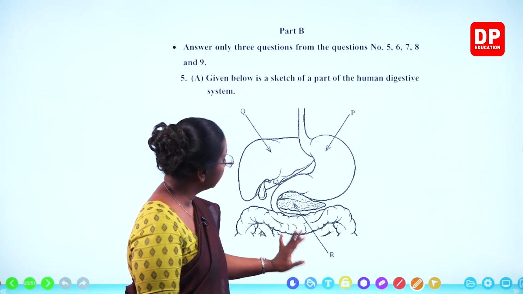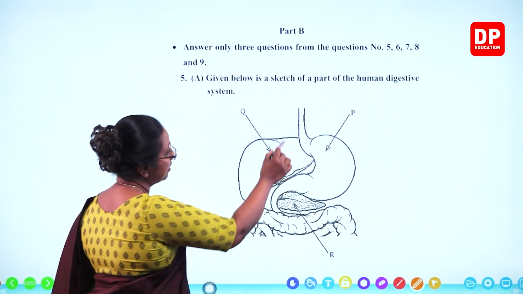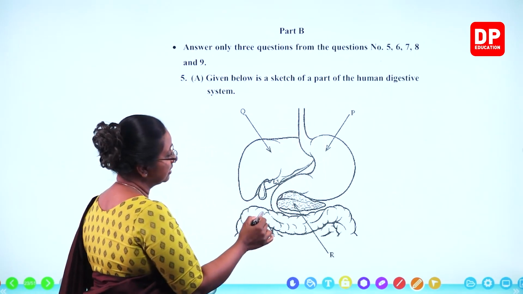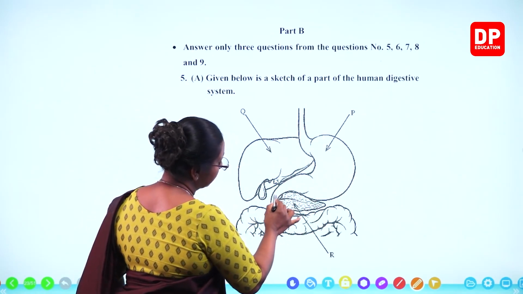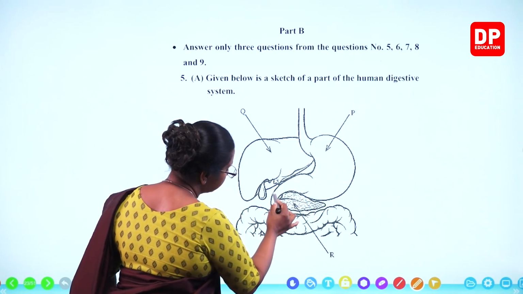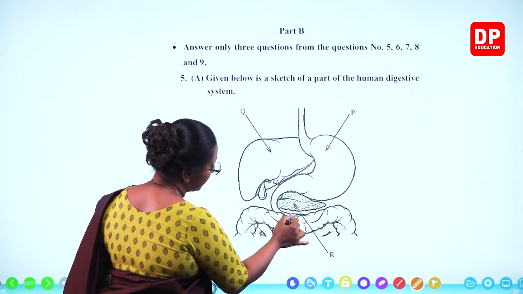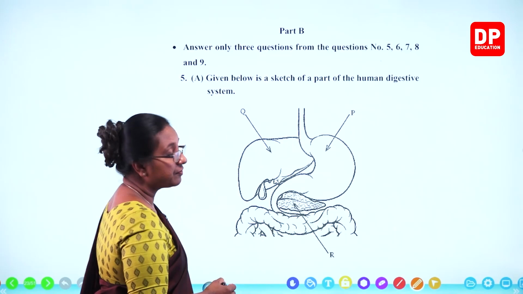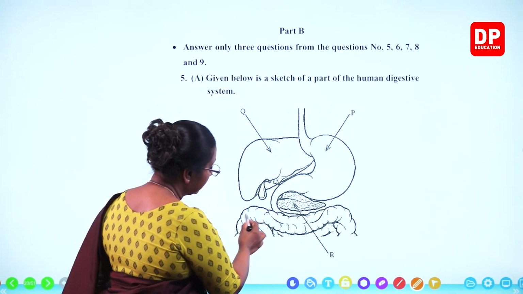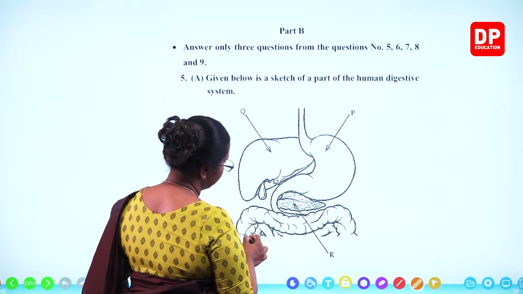If you look at the diagram, you can see this part is the esophagus coming and joining with the stomach. Then here you can see the C-shaped structure is the duodenum of the small intestine, and here you see part of the large intestine.